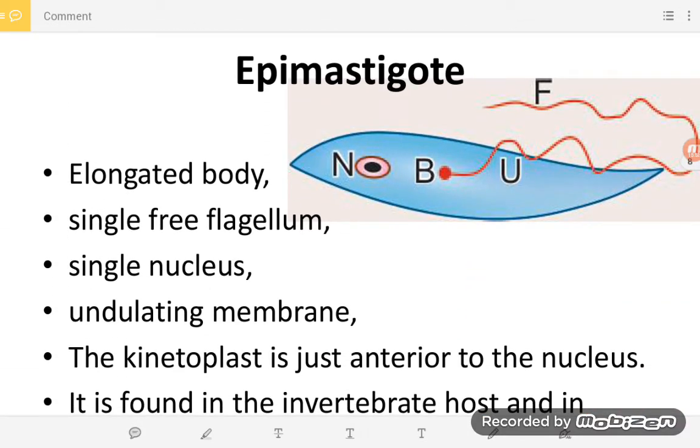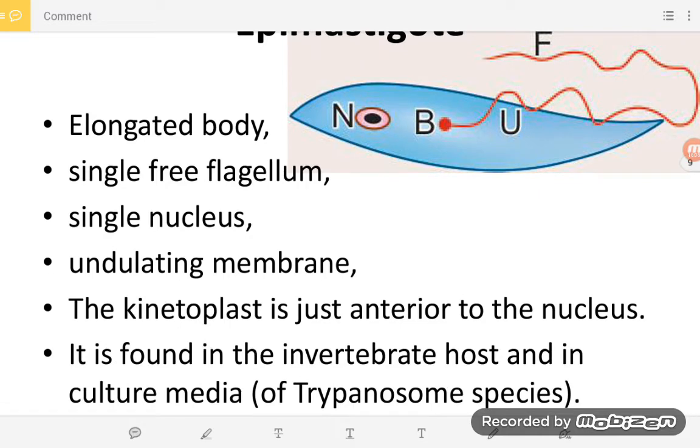The epimastigote form is also an elongated body and contains a single flagellum and a single nucleus at the center. The undulating membrane arises from the kinetoplast, right, and the kinetoplast is just anterior to the nucleus, very near to the nucleus, at the middle part.